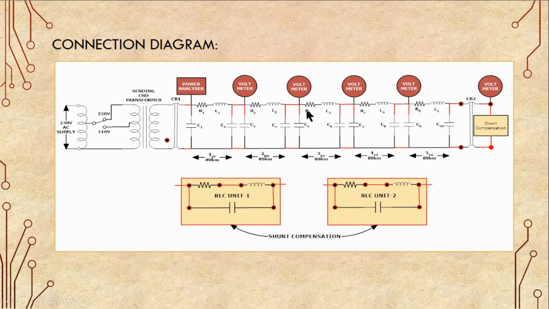And these red lines in the circuit diagram show that we have to connect this externally with a wire. And as you can see, these capacitors like C1, C2 we have to connect at this R1 and L1 point, so that this will be the pi model of the first 80 km transmission line.